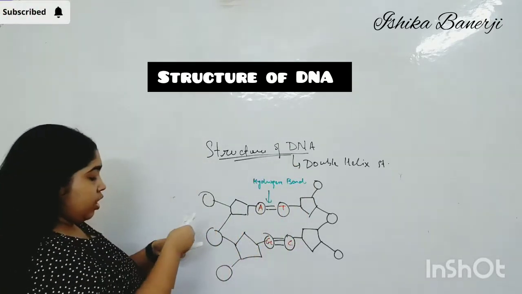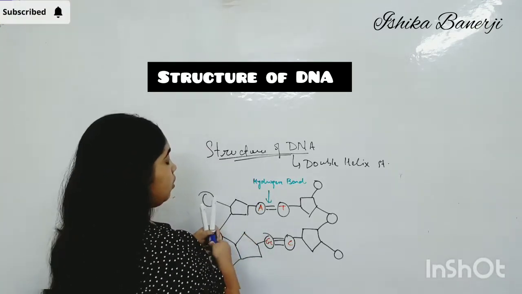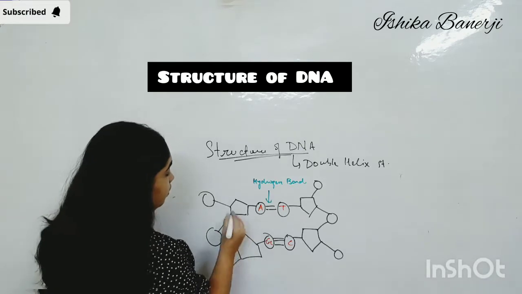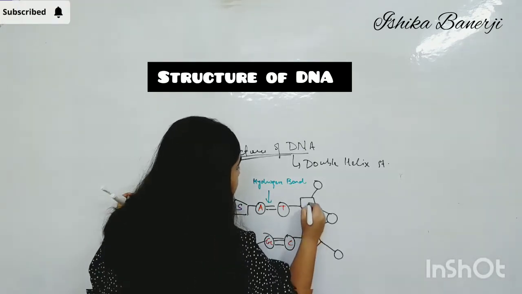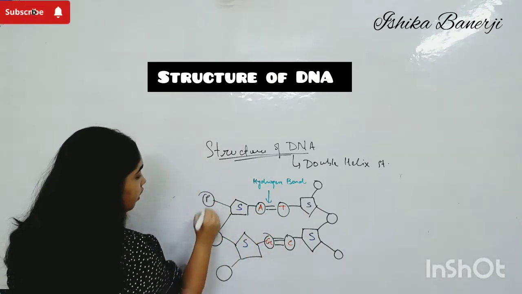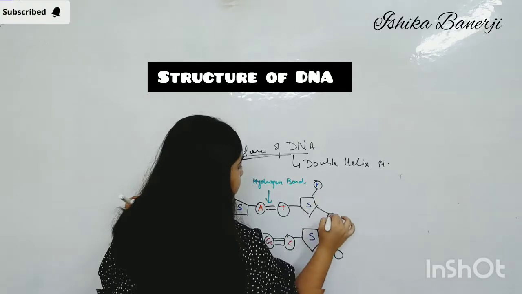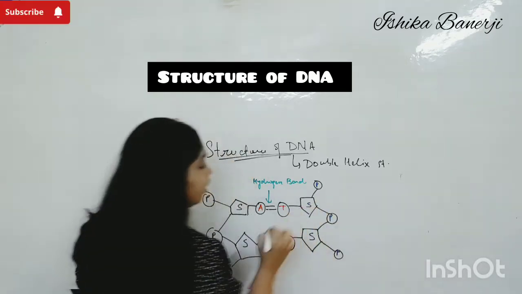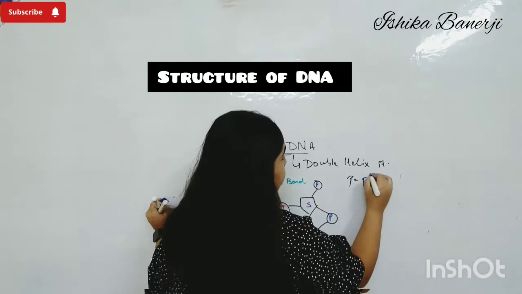Clear? Next, this is your sugar. I'm writing S. This is the sugar. And this is the phosphate group attached. Clear? So P is your phosphate group.